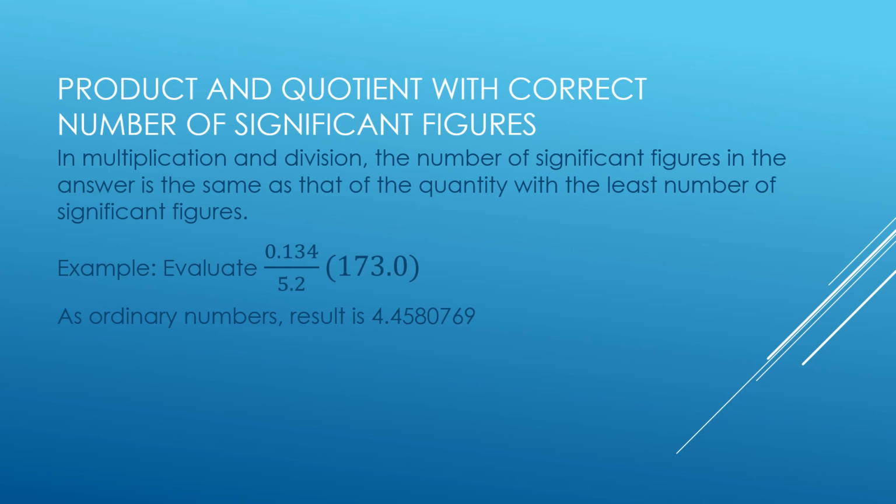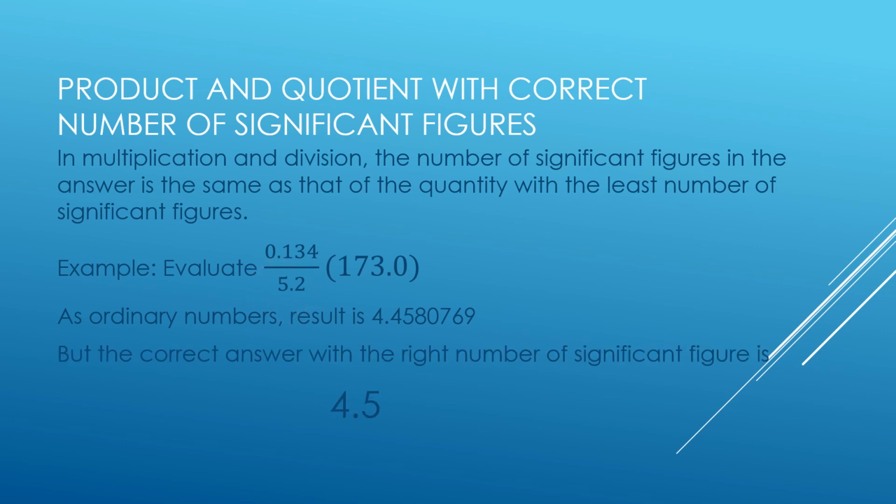Using our calculator, it will give us 4.4580769. But we ask, what should be the correct answer with the right number of significant figures? Among the factors 0.134, 5.2, and 173.0, 5.2 has the least number of significant figures, which is 2.